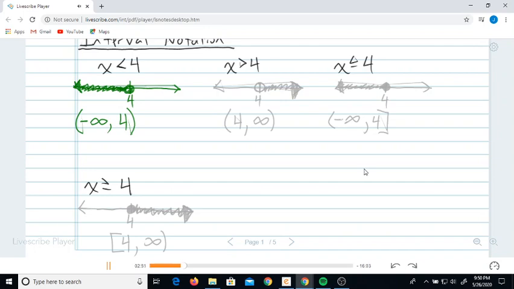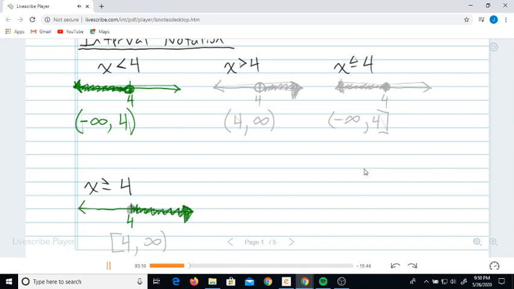Let's compare that to this statement, x is greater than or equal to 4. In this example, I still have 4, and x is greater than, so that's all the numbers above 4, everything to the right of 4, shaded in.